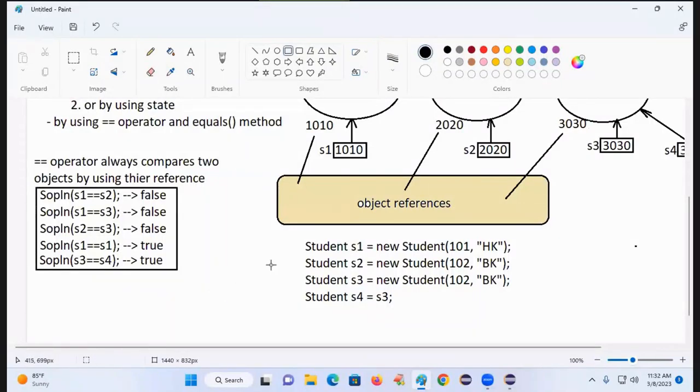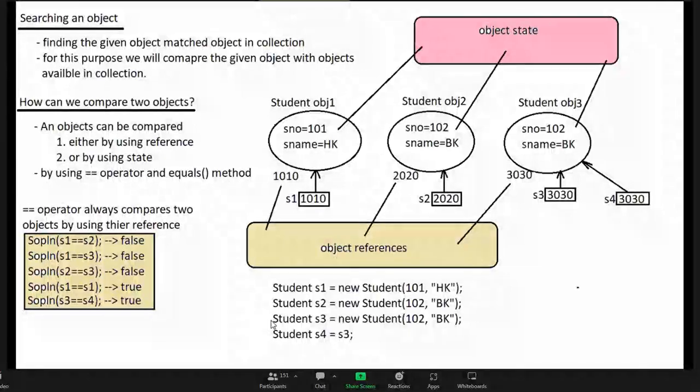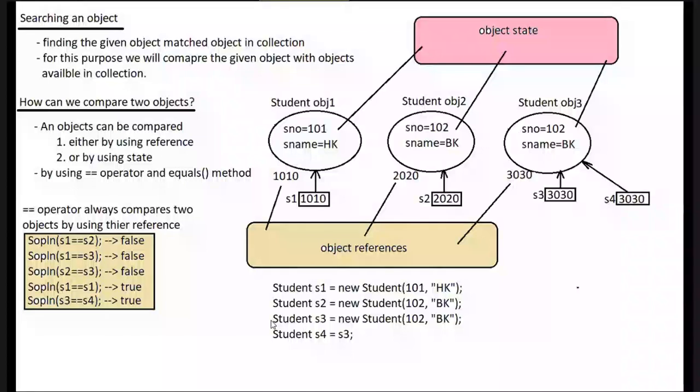Will two objects always have the same reference or different references? Different references. But when the double equal to operator returns true, does that mean both objects have the same reference, or two variables are pointing to the same object? Can two objects have the same reference? No, impossible. No two objects have the same reference. The two variables are pointing to the same object. That means one object you are passing two times.